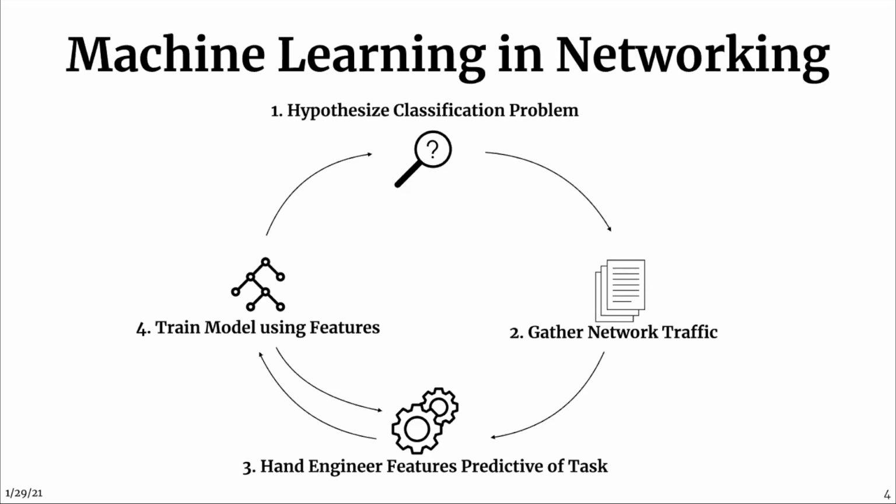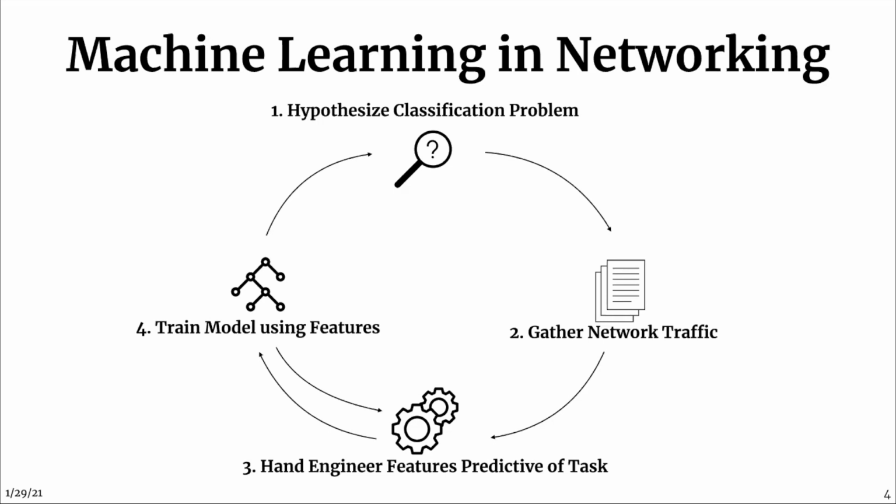Then I look at the traffic and say, okay, what parts of this traffic are important to be able to distinguish different devices remotely? For example, the TTL we know is important for distinguishing remote devices. And we're going to use our domain expertise and our time to hand engineer and extract features that are hopefully predictive of that task.